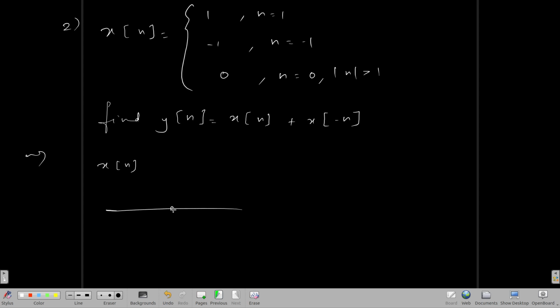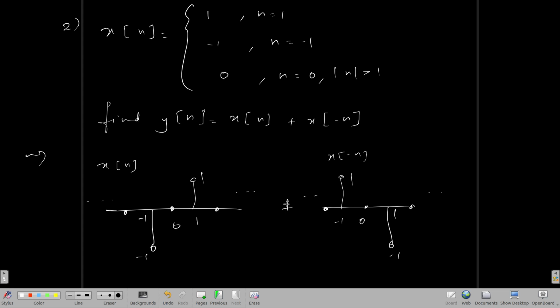So x of n is something like this. All other samples are zeros. So what will x of minus n be? It will be 0. This will become minus 1, and this will become 1, and the other zeros don't change.